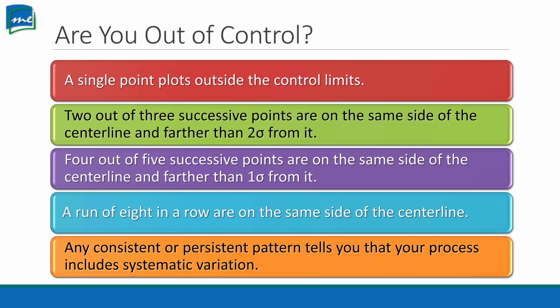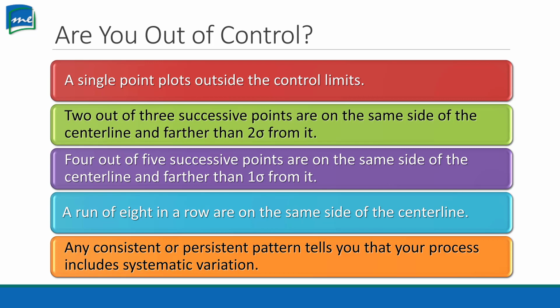In the last couple control charts we looked at, there were no data points outside the control limits. So we were in control according to that one. 2 out of 3 successive points are on the same side of the center line and farther than 2 sigma from it. Now we need to figure out what 2 sigma is to know this one.